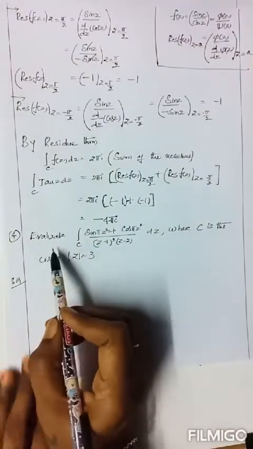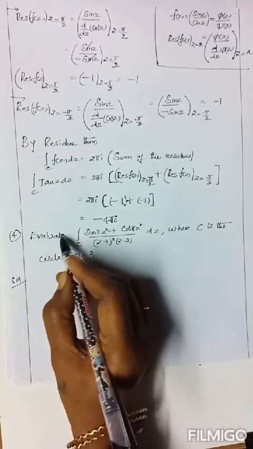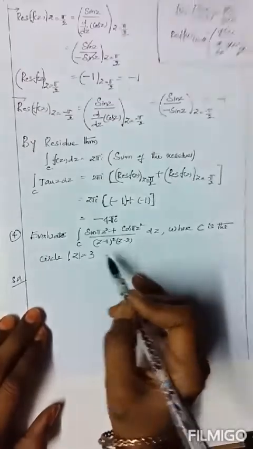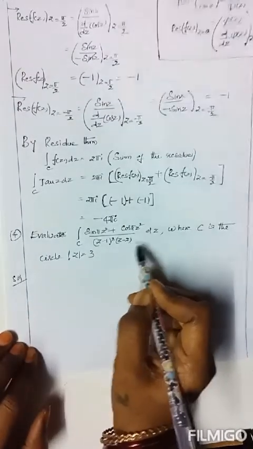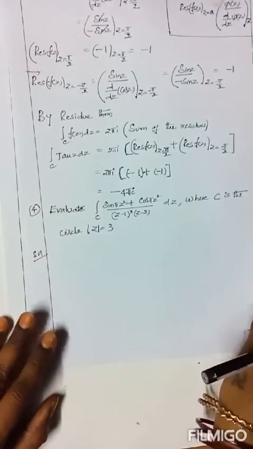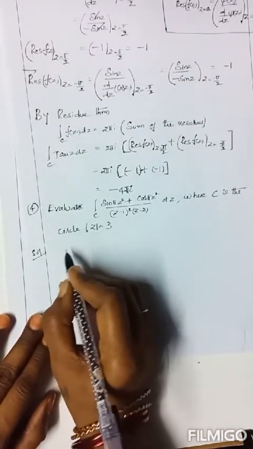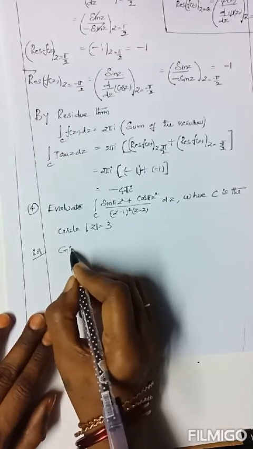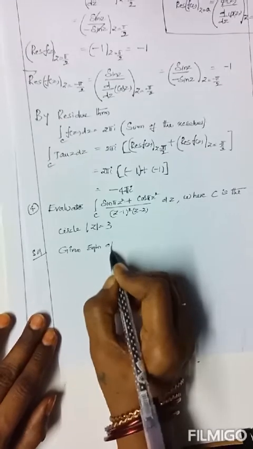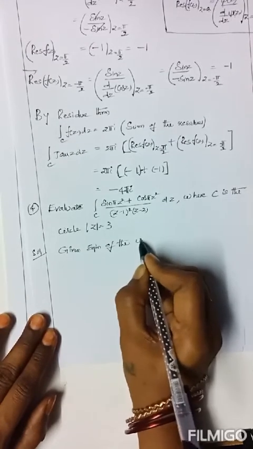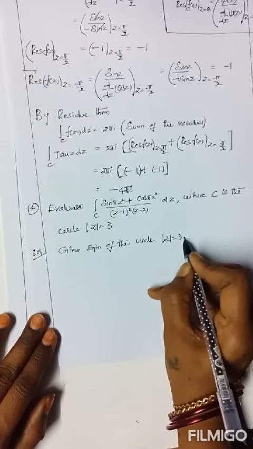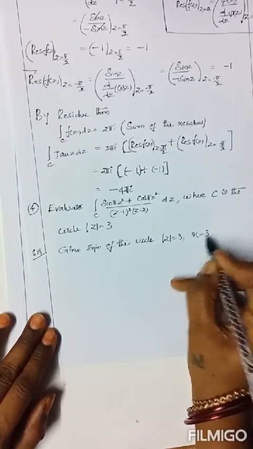Now the next question: evaluate the integral over c of sin pi z square plus cos pi z square by z minus 1 whole square into z minus 2 dz, where c is the circle modulus of z equals 3. First, the given equation of the circle: modulus of z equal to 3, where the radius equals 3.